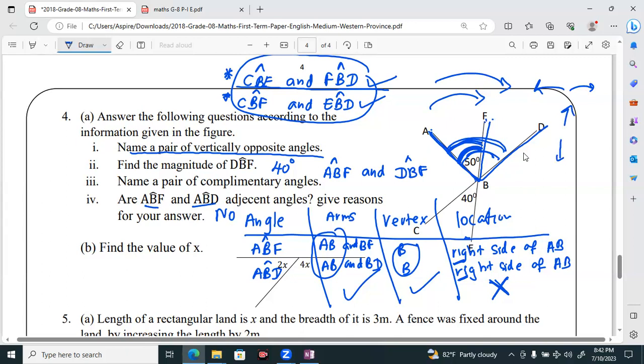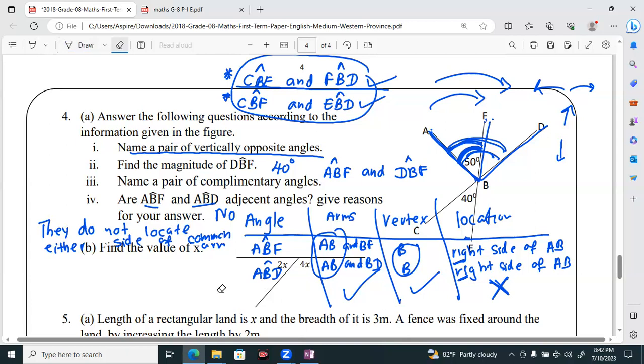Not either side of the common arm. The reason is they do not locate on either side of the common arm.